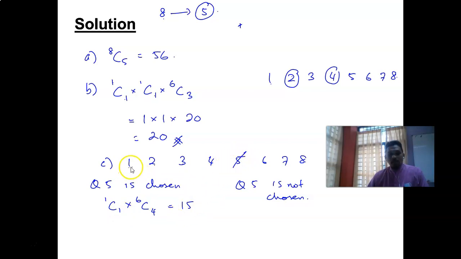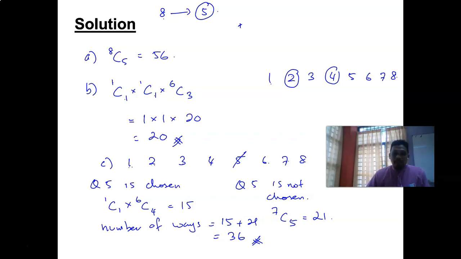So there are only 7 questions left: 1, 2, 3, 4, 5, 6, 7. From the 7 left, we choose 5, equal to 21. So the number of ways equals 15 plus 21, equal to 36. Okay, so that's all for today.